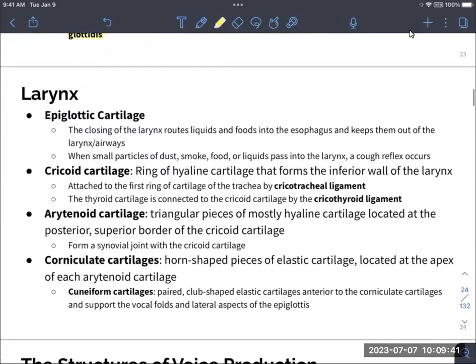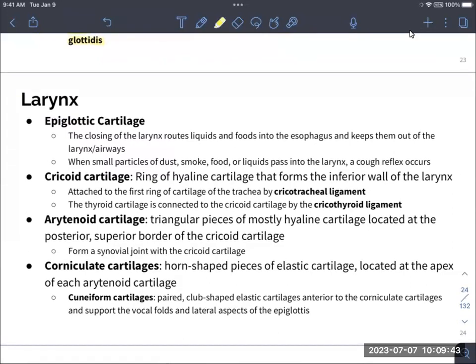In the larynx, we have the epiglottic cartilage, and that's what closes the larynx off to keep any food or liquid from going down into the trachea.